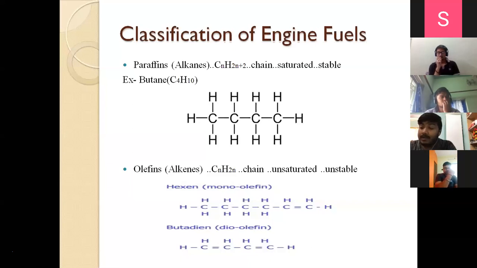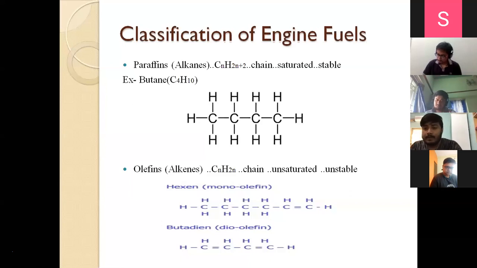Now diolefin has a change in the formula. You can note down the formula for diolefin: CnH2n minus 2. It is not written in this PPT, so you have to write it down. Butadiene is an example of diolefin. Butadiene has 4 carbons, that means N is 4.